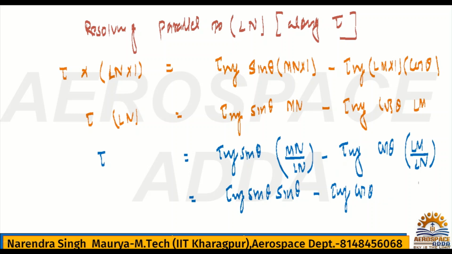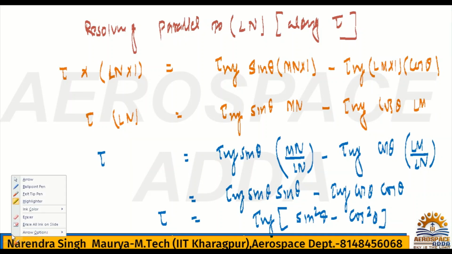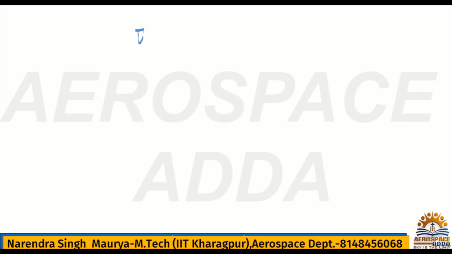Obviously ln by then will be cos theta. So this is nothing but tau xy bracket, you can write sine square theta minus cos square theta. This is what tau. Now moving ahead, here we can write tau is equal to what we got, tau xy bracket sine square theta minus cos square theta.